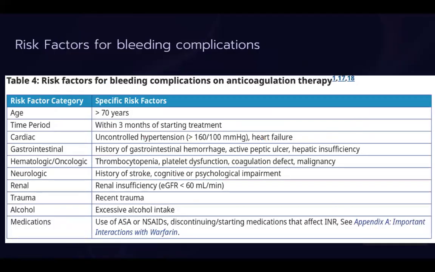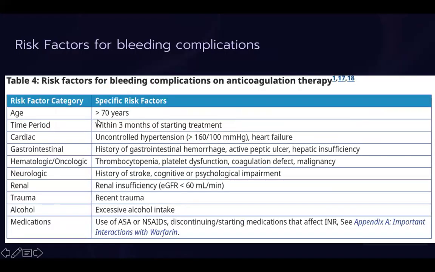It's also useful to understand that there are patients who might be more at risk for bleeding on anticoagulation therapy. These in themselves are not contraindications to give warfarin. It's absolutely important to manage our patients, but we want to watch these patients a bit more carefully.